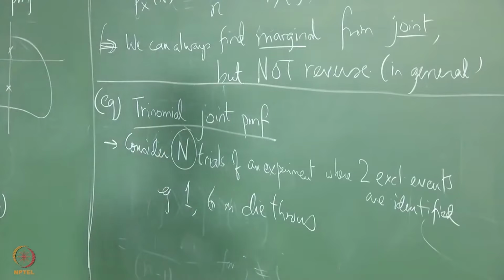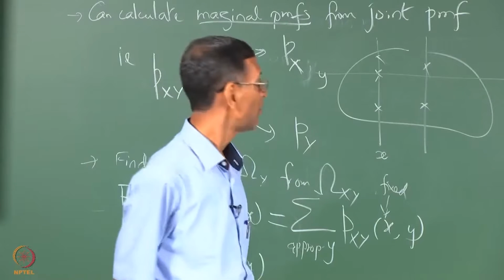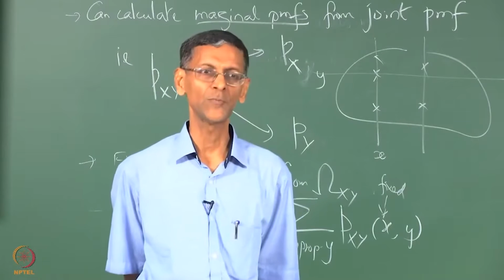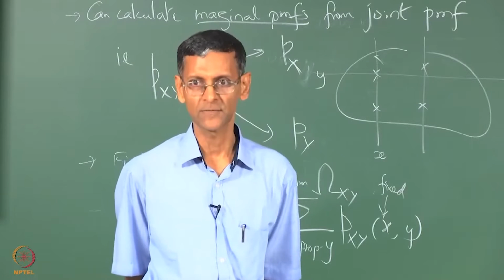Now how will I define x and y? X is going to be the count of one of those events and y is going to be the count of the other event out of n trials.